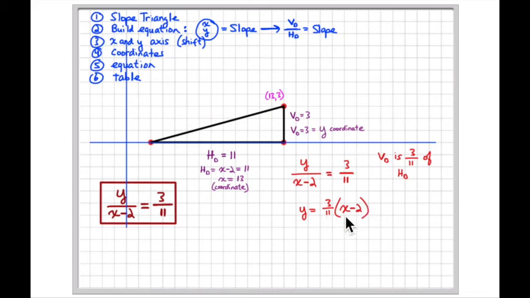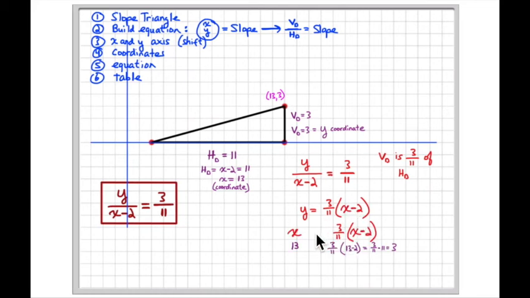So if we use an x value of 13 right here, this is 13, 3. So an x value of 13 is going to be 3/11ths of 13 minus 2. Remember, we have to take away that 2 to move this to the origin. So 3/11ths of 13 minus 2. This is the number of units in the horizontal direction.